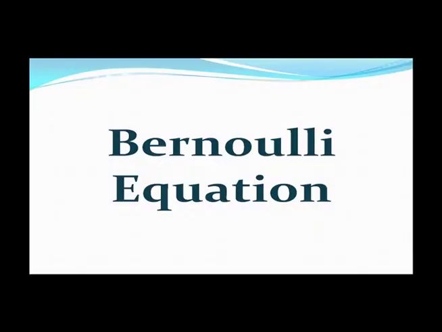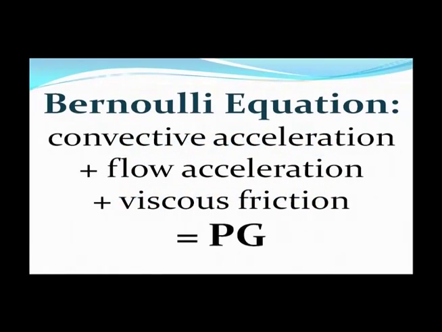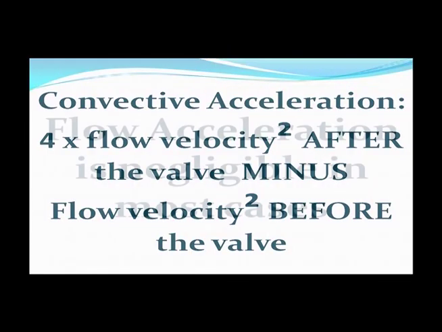Pressure gradients are calculated using the Bernoulli equation as follows. Pressure gradient equals convective acceleration plus flow acceleration plus viscous friction. Convective acceleration is equal to 4 times the flow velocity after the valve squared minus the flow velocity before the valve squared.